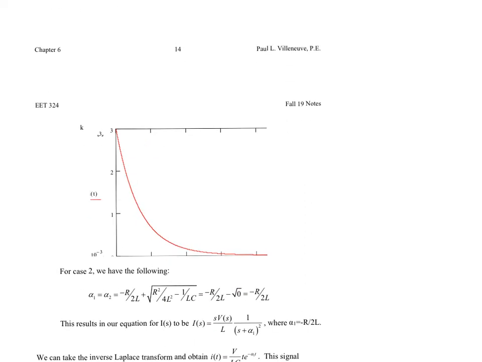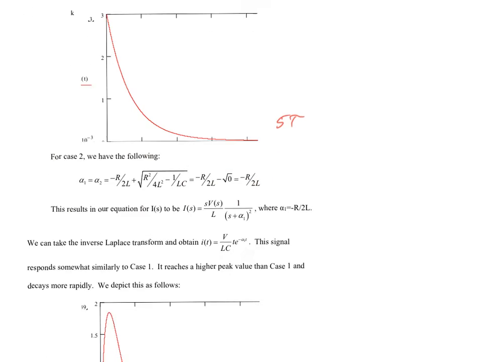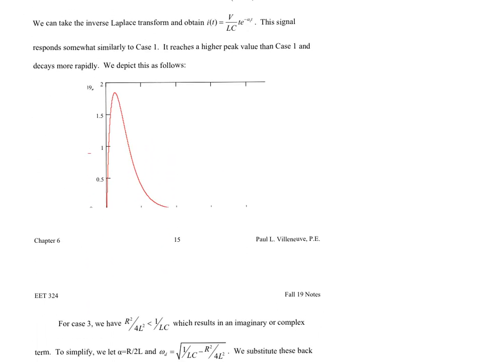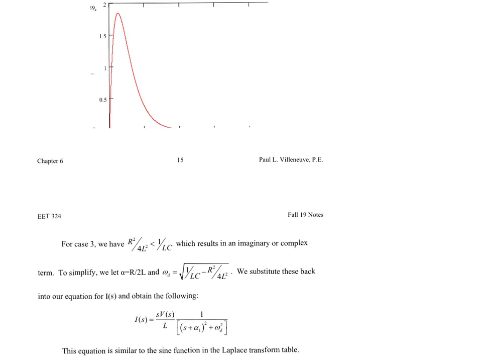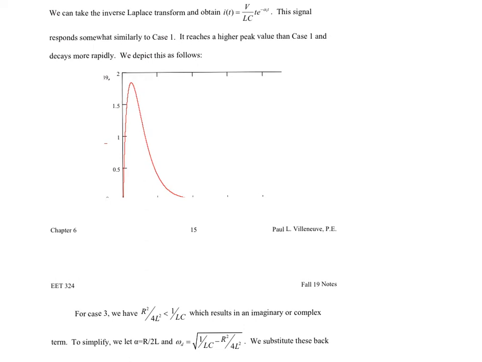Here's a way of looking at something that has damping, right? This is reaching a steady state, going to some small current. We start off with a steady state value, and then we work our way, and this is essentially 5 time constants here. You can see that it peaks out, and it doesn't get quite as high, but it ramps down and reaches that value.